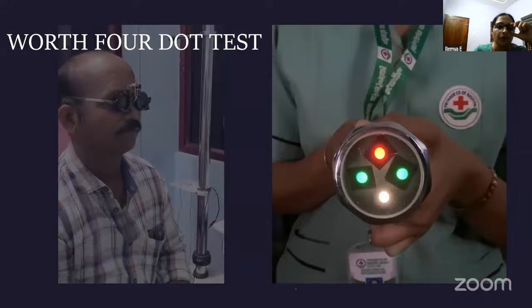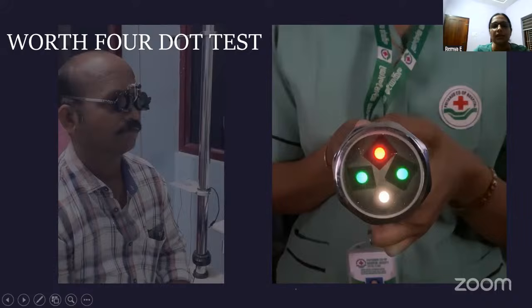Now coming to the Worth four-dot test. This is the most dissociating test. Here, the patient wears a red glass on the right eye and a green glass on the left eye. We shine a torch with these four lights from a distance of 33 centimeters, and it has to be done for distance as well as near.